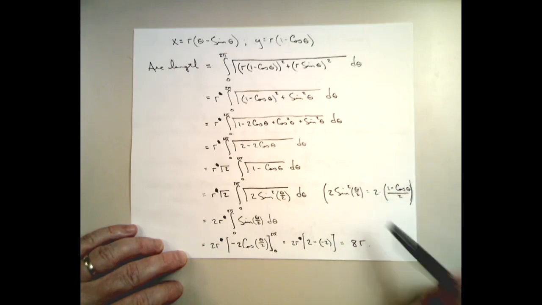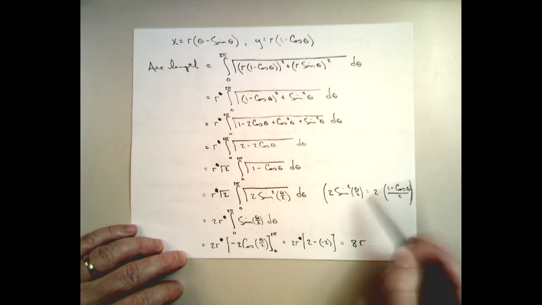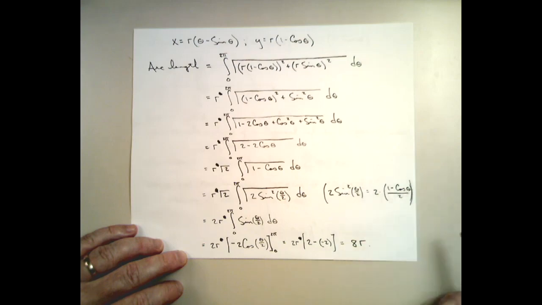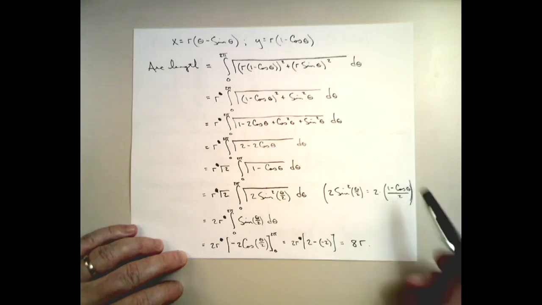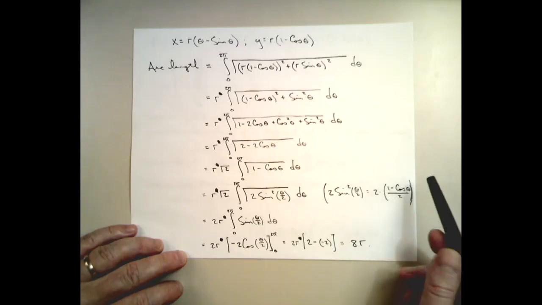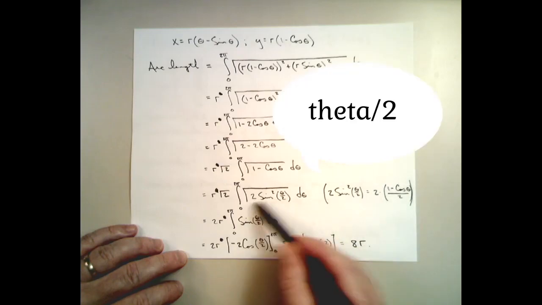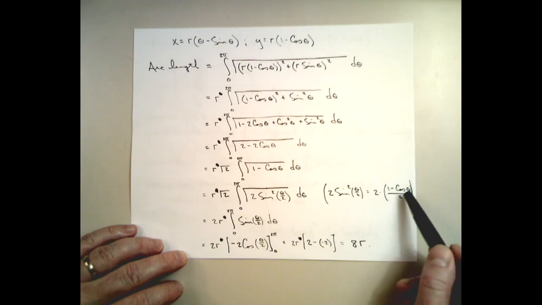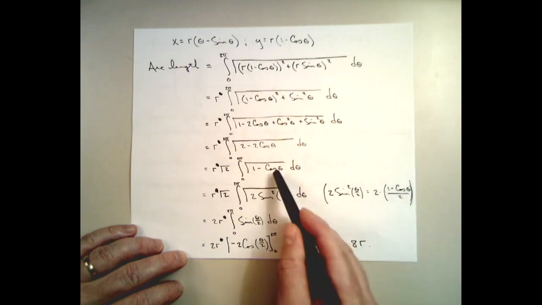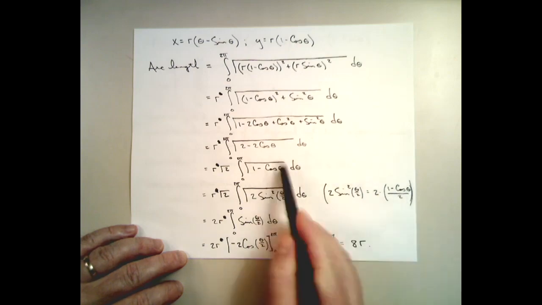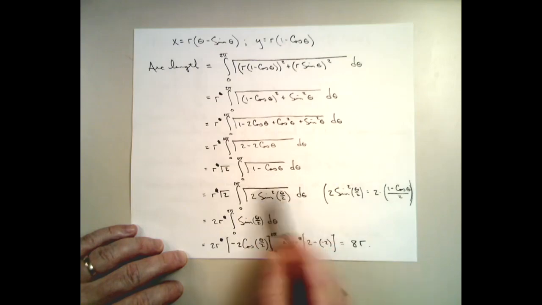Well, twice theta over 2 is just theta. And then all that over 2. And so what I wind up with is that 2 sine squared of theta over 2, what's under my radical sign, is just 1 minus cosine theta. So I can replace 1 minus cosine theta with this expression.